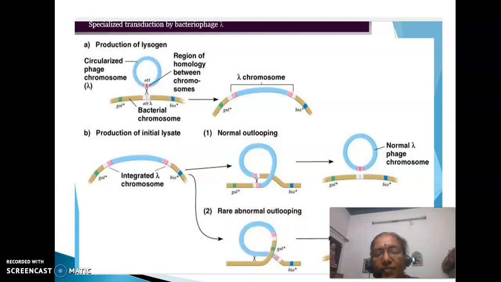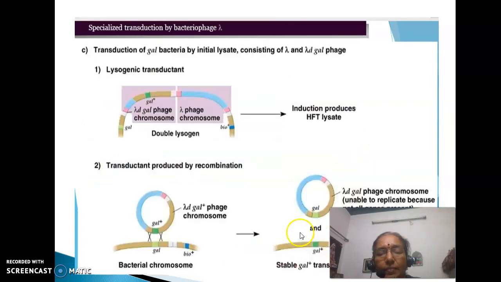In such cases, we will get what is called a DGAL phage. Now in DGAL, D stands for defective, and the GAL marker is incorporated into the phage. So that's why I'm calling this a DGAL transductant or DGAL phage chromosome. Now this viral DNA is carrying the bacterial gene GAL+. In this diagram you can find there are two types of transductants. One is called a lysogenic transductant, where the double lysogens are generated, so two times the phage DNA is being incorporated into the bacterial chromosome.